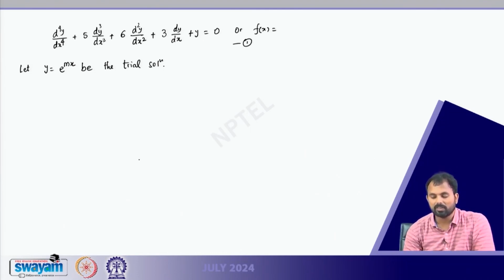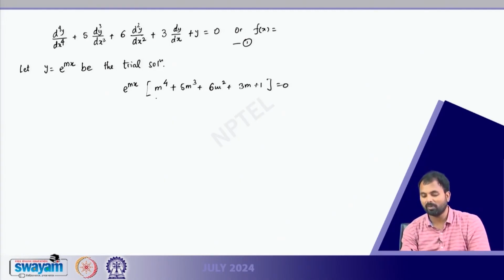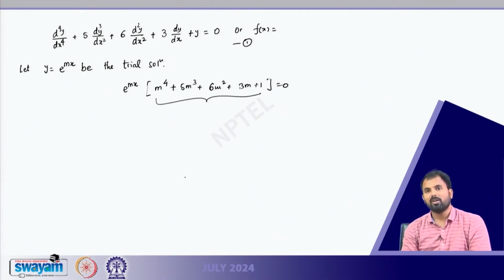Then we'll have e to the power mx times m to the power 4 plus 5 m cube plus 6 m square plus 3 m plus 1 equals 0. Remember this is a hypothetical example, so I am not sure whether I can factor this out and get all the real roots or imaginary roots. One has to solve it, but the working principle is what I am going to explain.